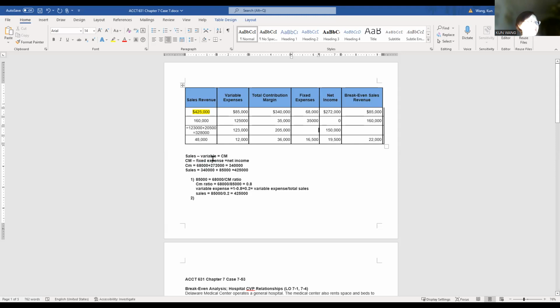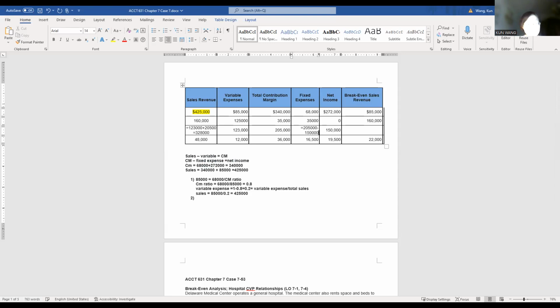Contribution margin minus fixed expense equals the net income. So this is the same thing. I should take the contribution margin minus the net income.